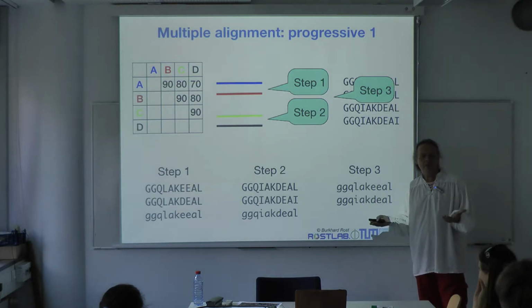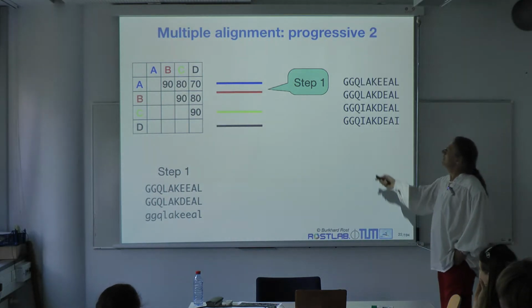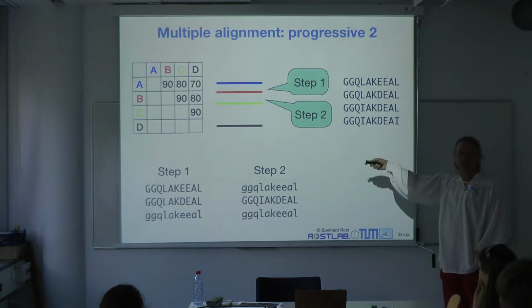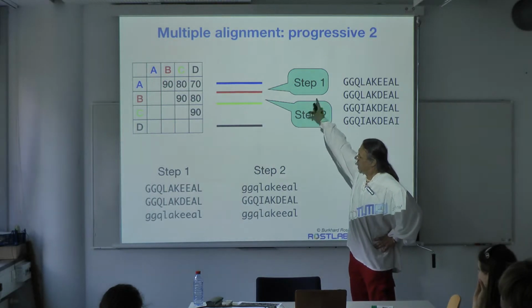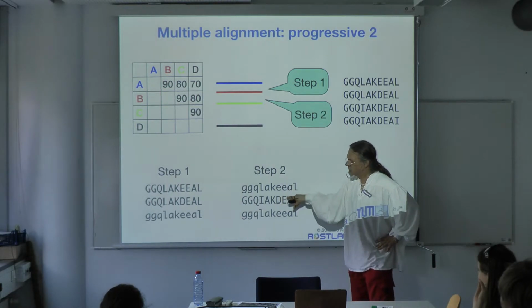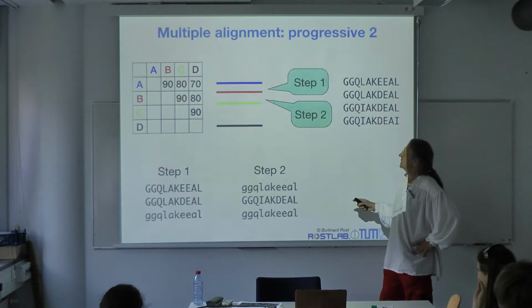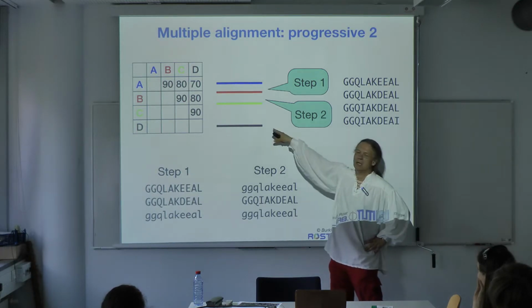Just the same hack, iteratively doing a consensus sequence. So you do step 1, you do this, and then you take the consensus sequence and you align it, for instance, against the third one here. So from the first pair you create a consensus. This consensus is used to align against the third. And the next step is missing here. In the next step, you simply would take this consensus sequence and align it against the fourth.